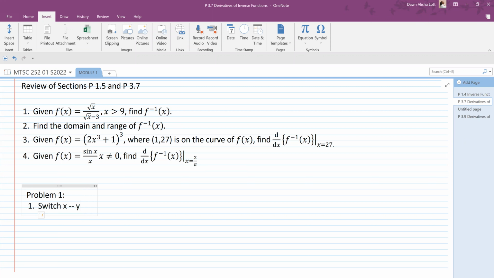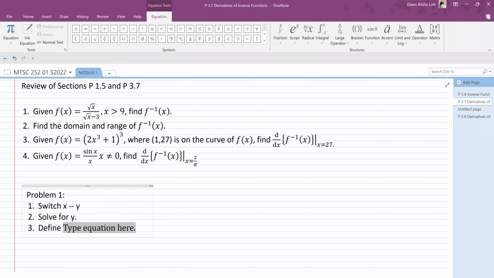Okay, so I switch x and y. That's what I do first. My second step is then I solve for y. And then my last step is to write the y to actually be the inverse function.